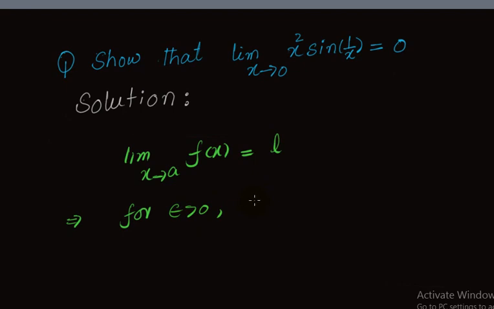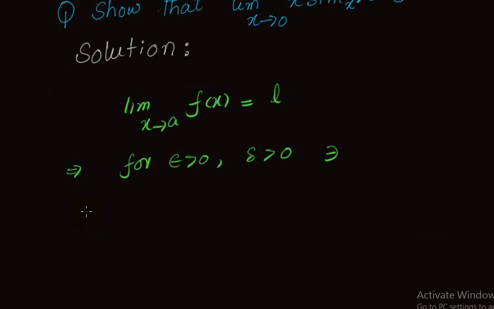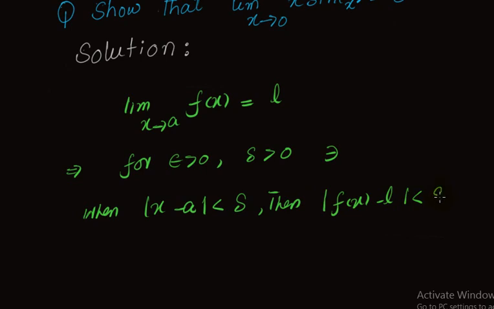we have a positive real number delta greater than 0, such that the condition is when mod of x minus a is less than delta, then mod of f of x minus L is less than epsilon.